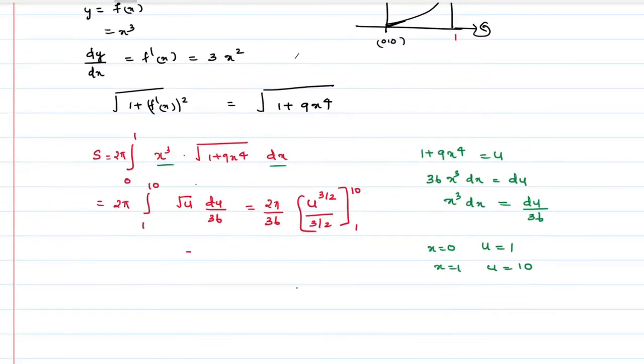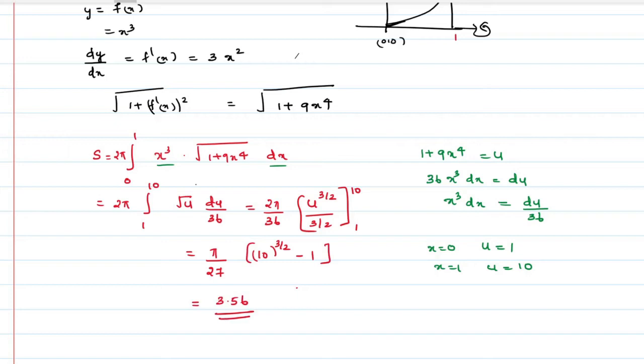On simplifying this, the 2s cancel each other, we get pi by 27, 10 raised to 3 by 2 (upper limit) minus the lower limit, 1 raised to 3 by 2. When substituting these values, we will get 3.56.